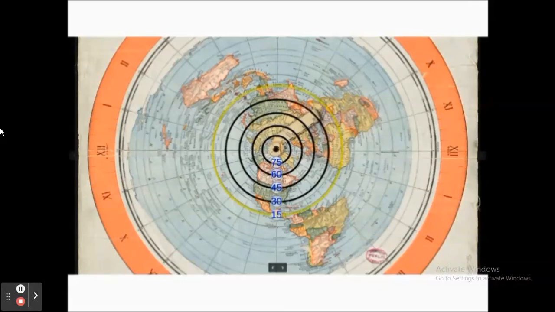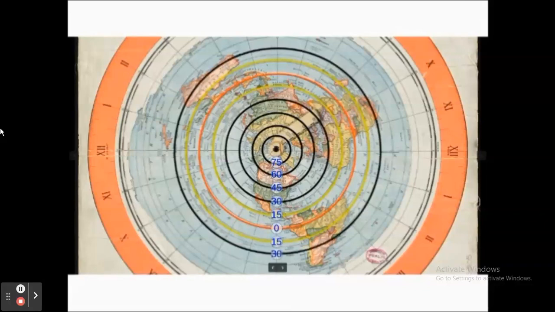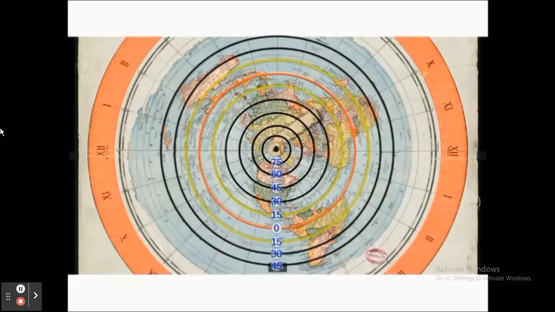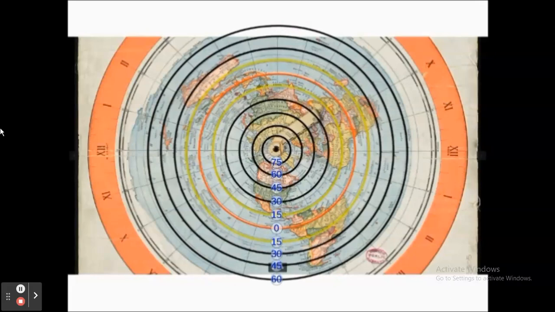Then we've got the 15-degree, which is the Tropic of Cancer. And then comes the equator, which is the 0-degree line. And now we head south. So now we have 15 degrees south, which is the Tropic of Capricorn. And then 30 degrees south, and then 45 degrees south, and then we have the 60 degrees south.